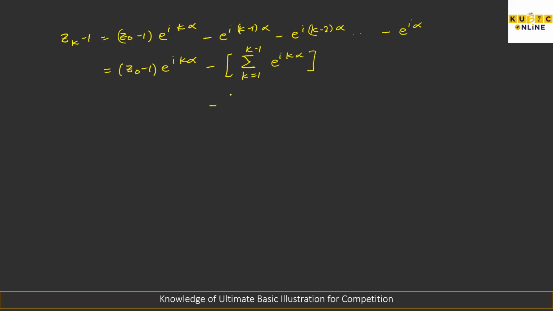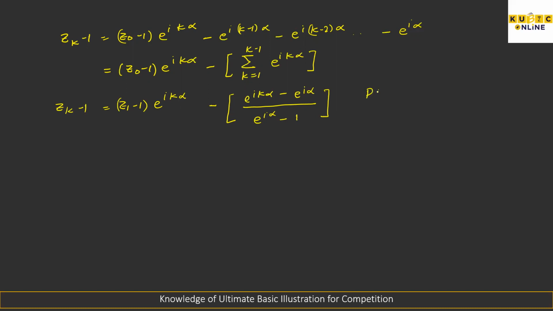If you find the sum of the GP, the sum will be e to the power I k alpha minus e to the power I alpha, whole divided by e to the power I alpha minus 1.